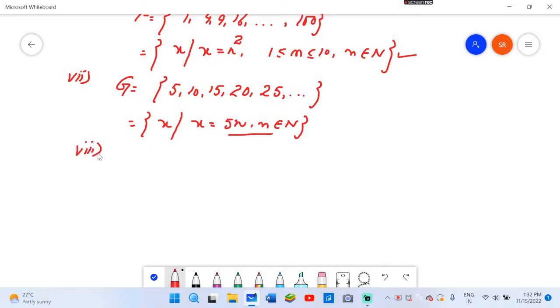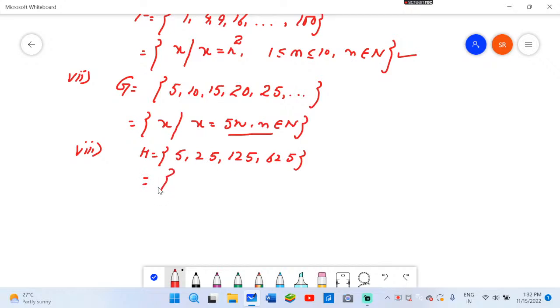Last part here is: it is 5, 25, 125, 625. So 5, 5 square, 5 cube, 5 raised to power 4.